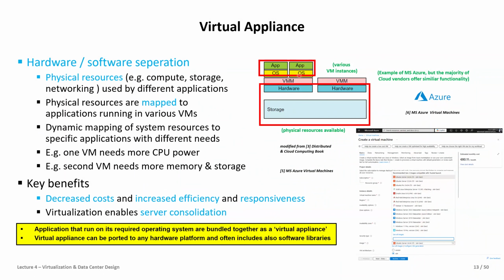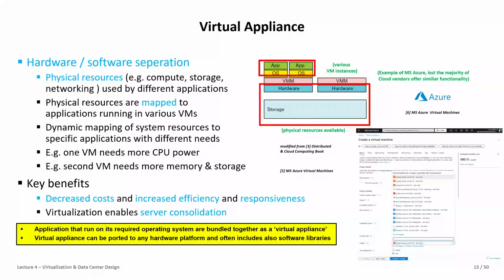So you would be one of them here, while many others will also use the same hardware with another application and another operating system they pick in MS Azure. And of course, then have access also to storage. Hence, there are physical resources underneath that are mapped to various virtual appliances or virtual machines during the run.